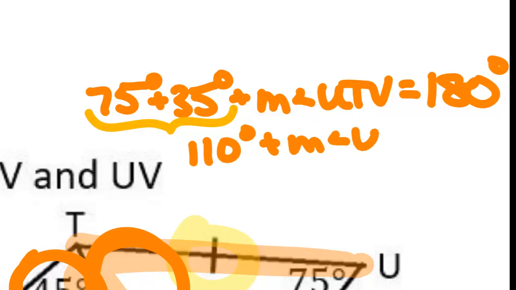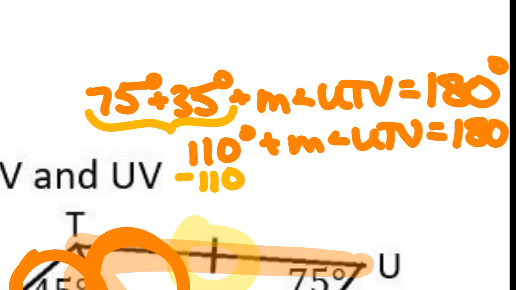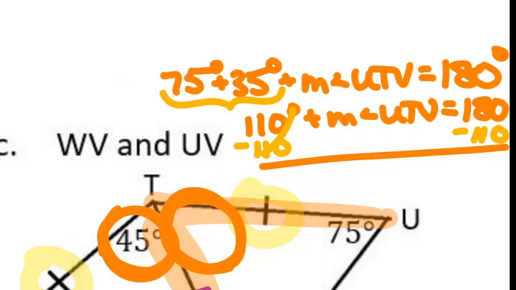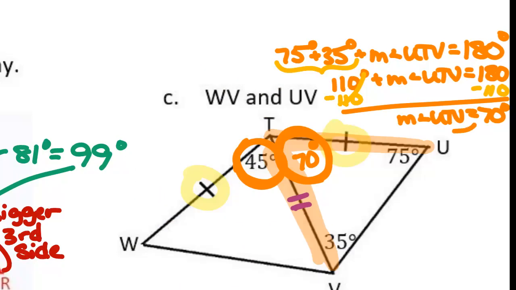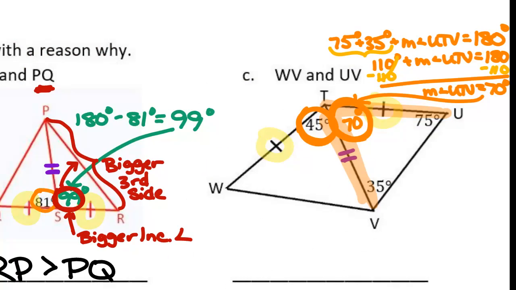Plus the measure of angle UTV equals 180. Then I'm going to minus 110 from both sides. So how big is angle UTV? 70. So I'm going to put 70 degrees right here. Which included angle is bigger?